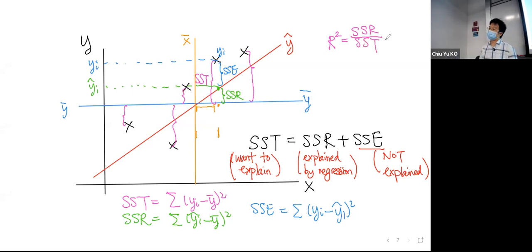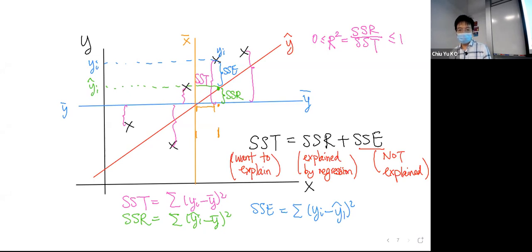So it's SSR over SST, which is sometimes referred to on the slide as the coefficient of determination, which is always between 0 and 1. Is that clear? So the first thing is R-square is the thing that we want to look at.